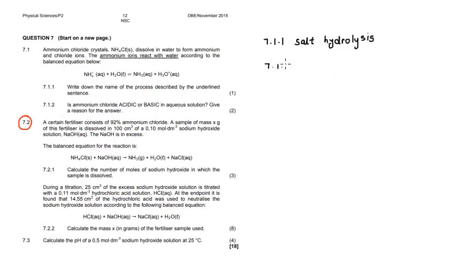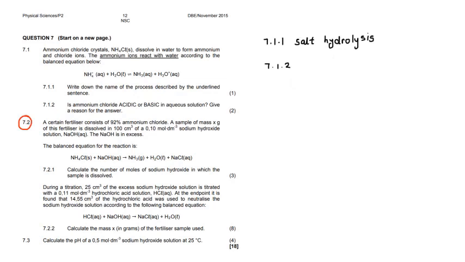7.1.2 now asks, is ammonium chloride acidic or basic in aqueous solution? Give a reason for your answer. Remember that whenever you're asked if a salt is acidic or basic, it's really the solution in which that salt is found.